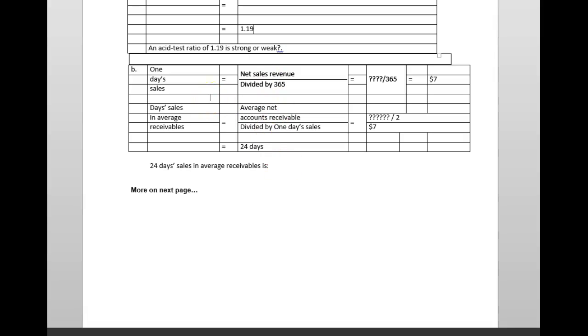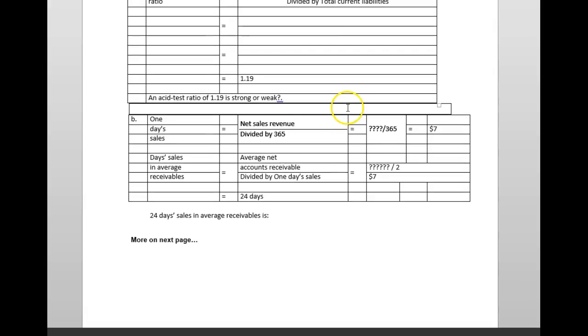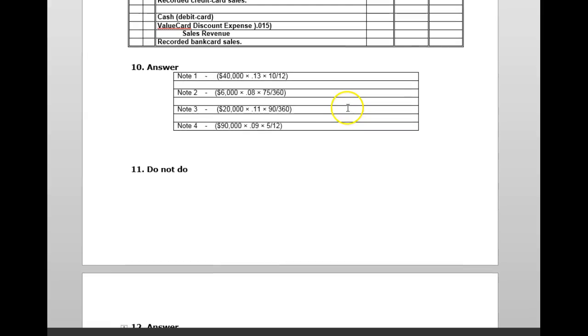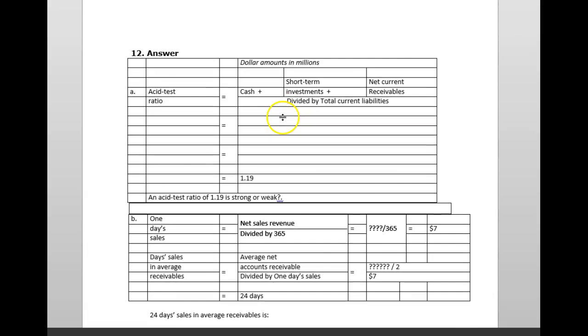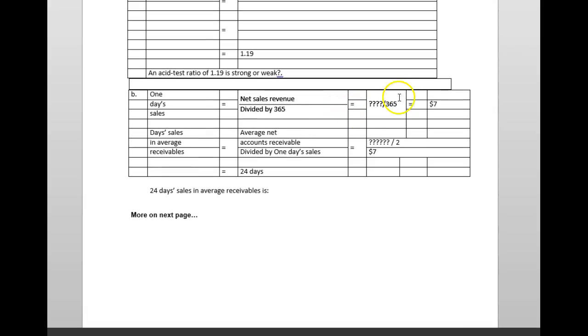The other one we ask you to look at is, what are we doing here? Days sales in average receivables. And this one's a little bit trickier, and it's kind of confusing. Up here we use the 360 day year, and down here they're actually using the 365 day year.